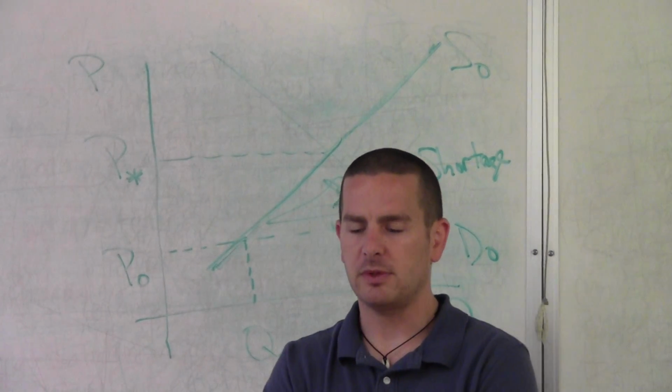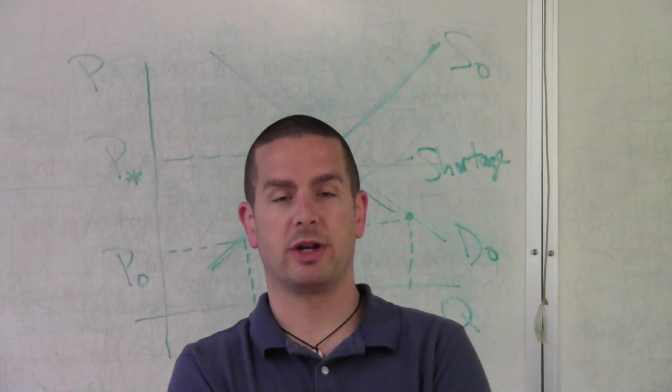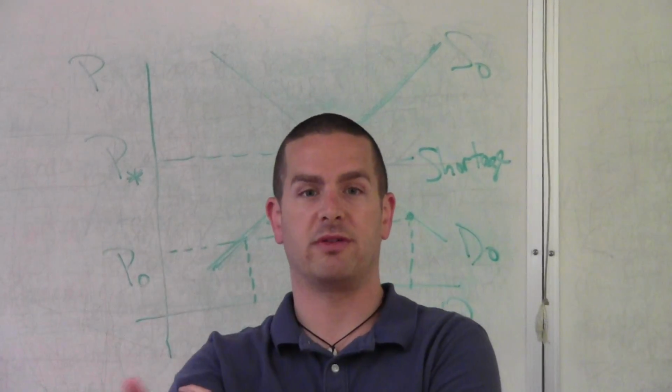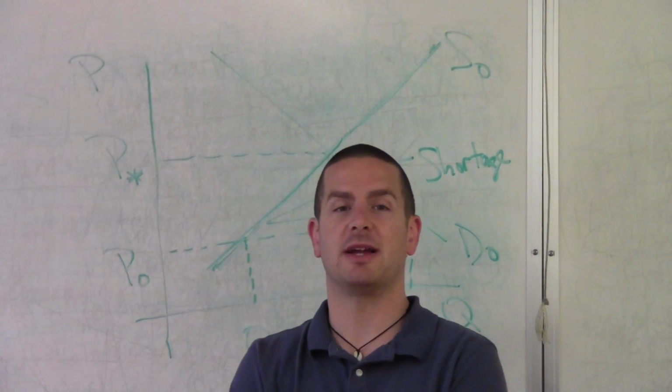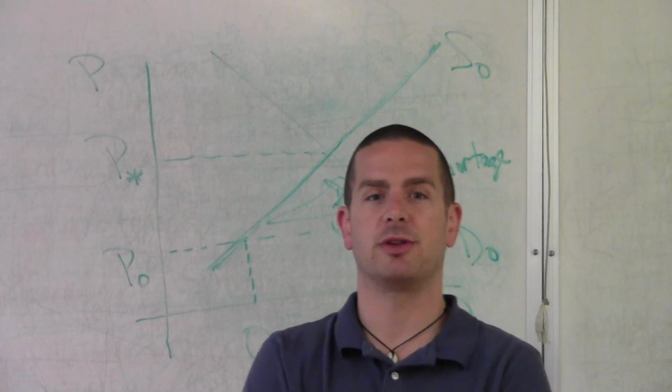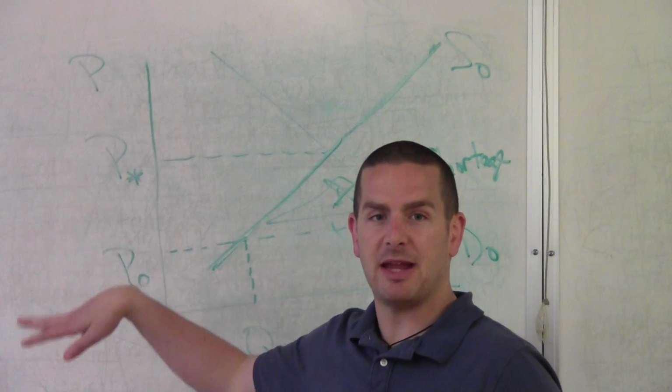I'm going to turn off the camera now, and in the next hour and 15, we're going to do examples of supply and demand analysis. I'm going to teach you the 4-step method, which is how you can analyze supply and demand problems.